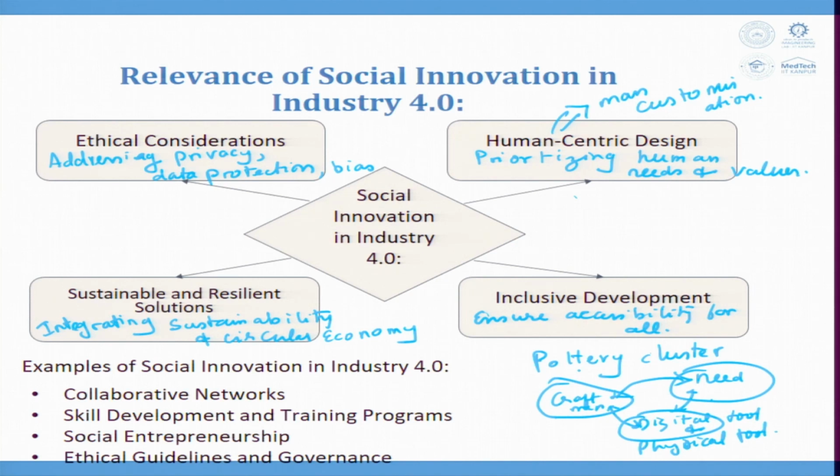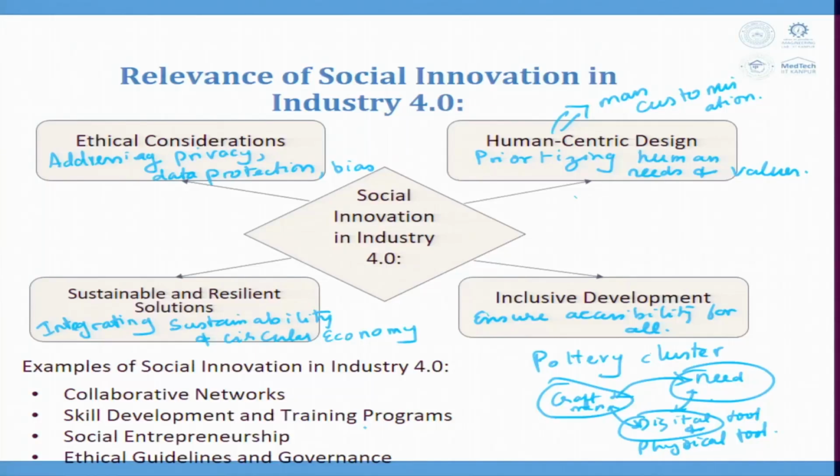The next one is skill development and training programs. The Government of India spends a lot of money on upskilling and reskilling. Skill development is very important, because the cluster people will understand the customers more than an expert going and understanding. Many a time we look at symptoms and develop solutions, but we have to go to the root cause.